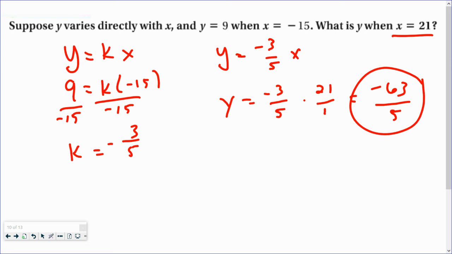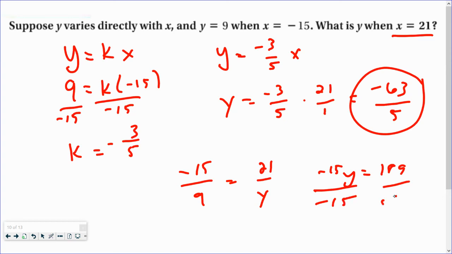Now, some of you are probably wondering, well, couldn't I just do this as a proportion? Negative 15 over 9 is equal to 21 over, and I'm going to call this y. Well, does this work? So this ends up to be negative 15y is equal to 189. Divide both sides by negative 15.